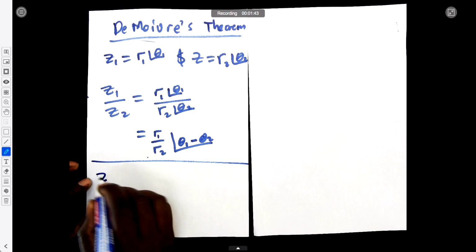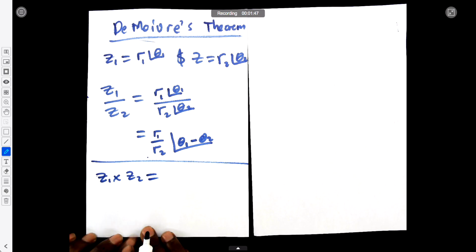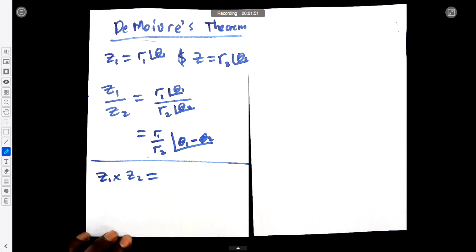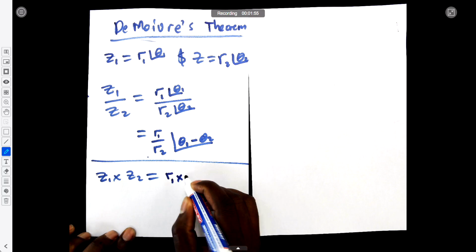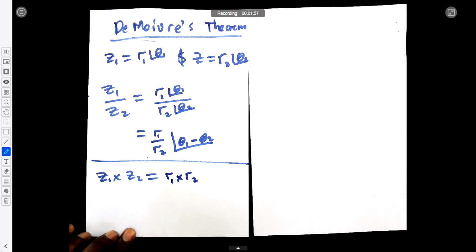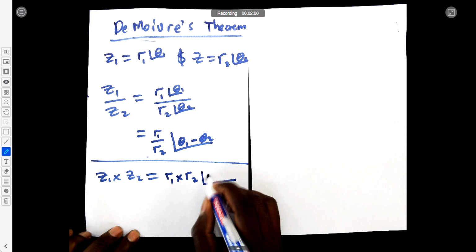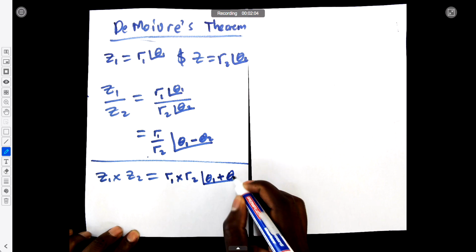If we have to multiply z1 by z2, we are going to multiply r1 by r2. When it comes to your augment, theta 1 will be added with theta 2.